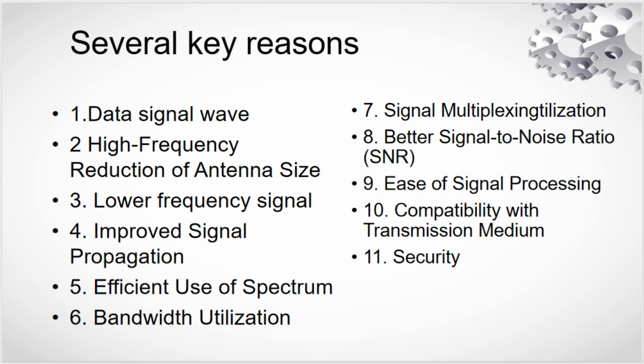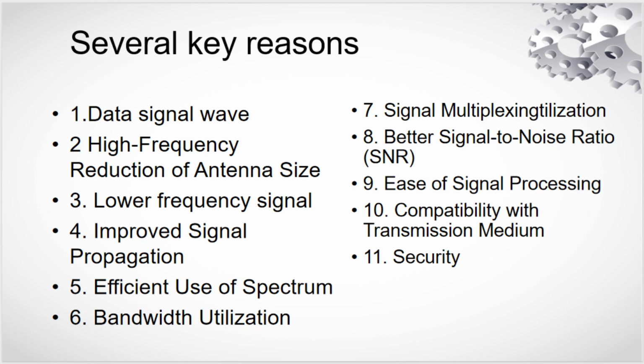Techniques such as coherent and non-coherent demodulation allow the retrieval of the original message signal from the modulated carrier. Error detection and correction: modulation facilitates the implementation of error detection and correction schemes, enhancing the reliability of data transmission.